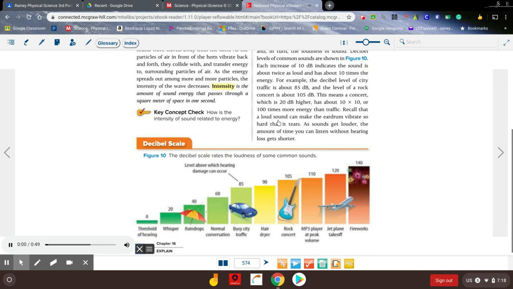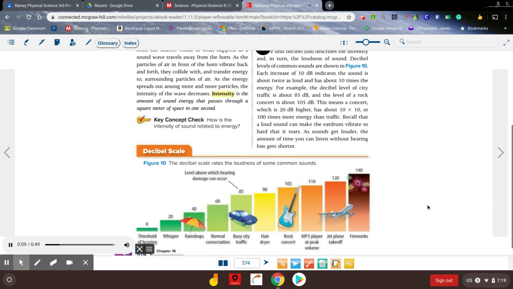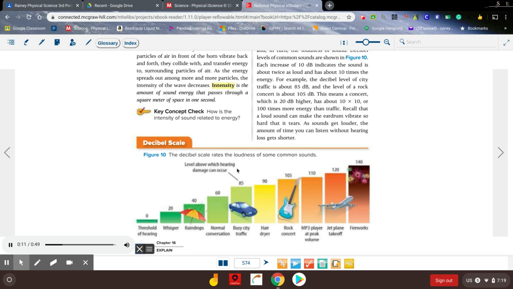The decibel scale. The unit decibel, dB, describes the intensity and, in turn, the loudness of sound. Decibel levels of common sounds are shown in Figure 10. Each increase of 10 decibels indicates the sound is about twice as loud and has about 10 times the energy. For example, the decibel level of city traffic is about 85 decibels, and the level of a rock concert is about 105 decibels.